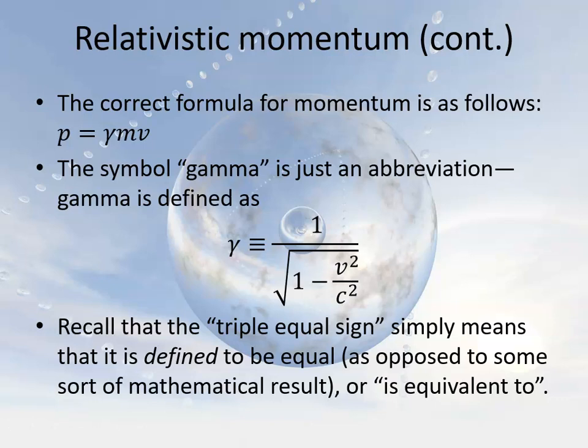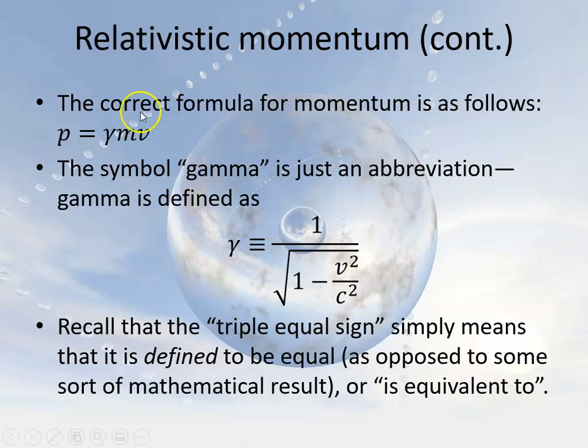But this 1 over the square root of 1 minus v squared over c squared shows up so much in relativity that people eventually got tired of writing it, so they just wrote gamma when it's in the denominator, because this itself is what we often call the time dilation factor. So if something's going at 99% of the speed of light, you end up calculating gamma equals 7. So their watch seems to run 7 times as slowly, and events take 7 times as long according to you as they would take according to them.